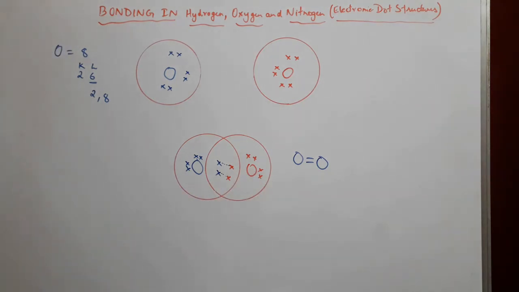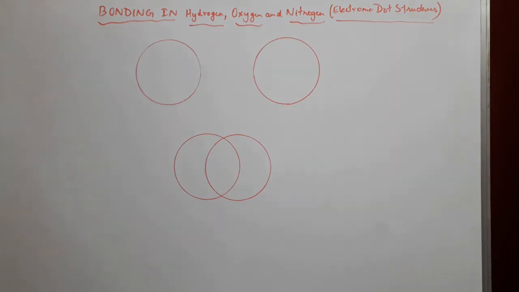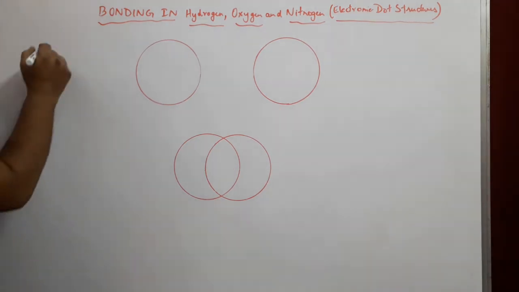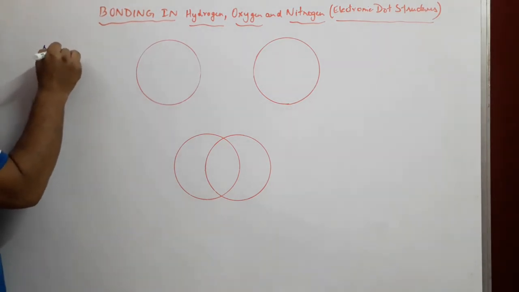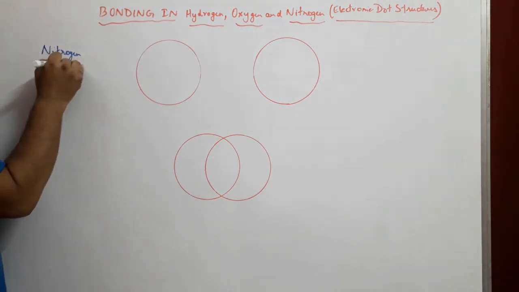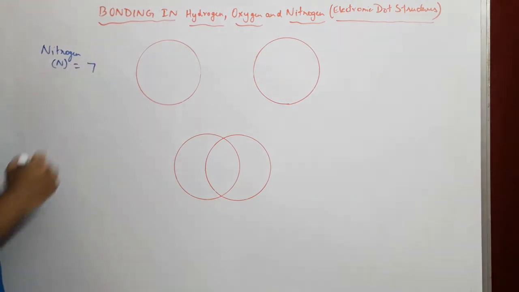And lastly, we look at bonding in nitrogen atoms. Nitrogen has an atomic number of 7.